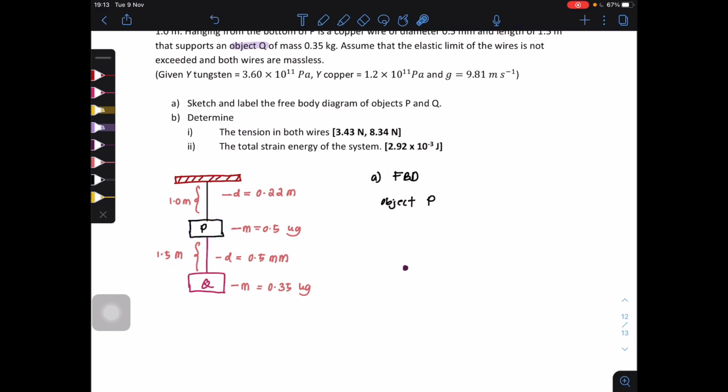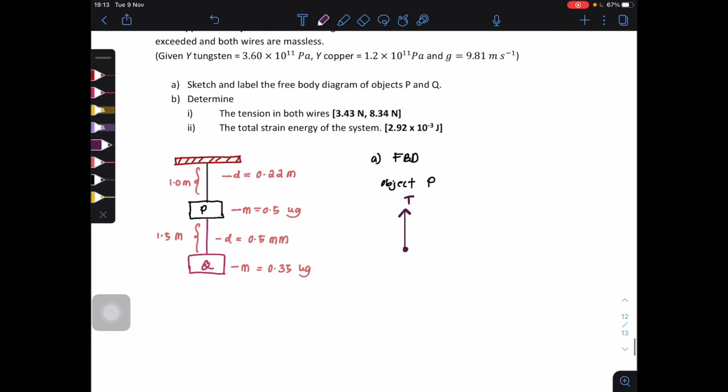Okay, untuk objek P, kita tengok dia ada wire, bermaksud akan ada tension force going upward. So going upward will be tension force T, and then ke bawah dia akan ada weight force, which is the weight force for the P, and also the tension wire from the copper wire here.